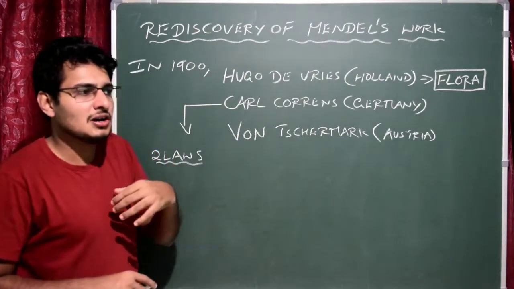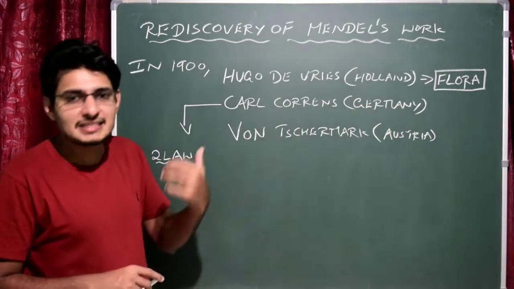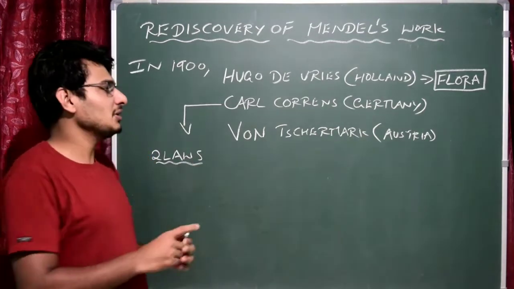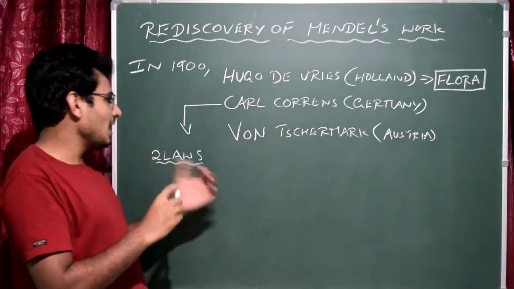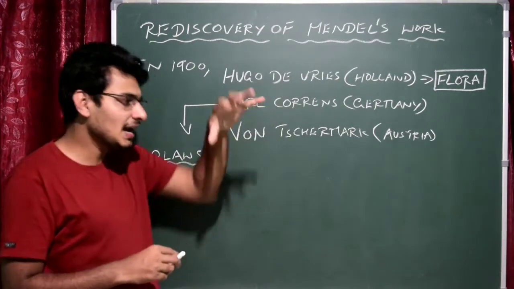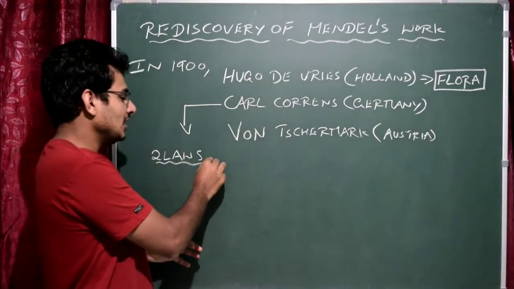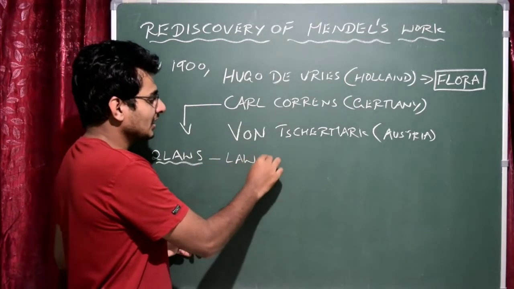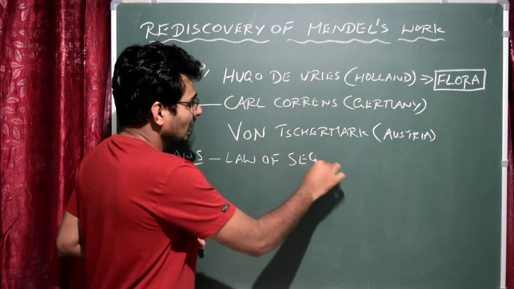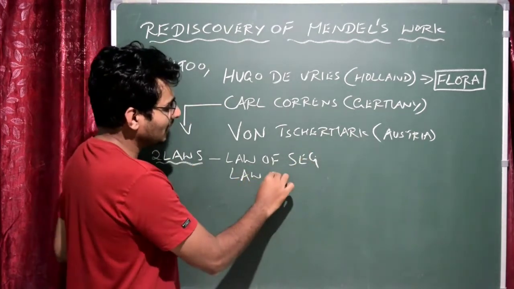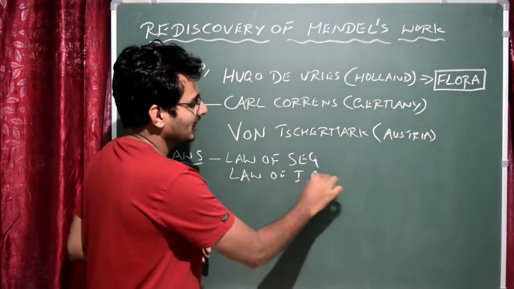We say Mendel's first law and second law, which were particularly corrected by Karl Correns. He modulated his generalizations into two laws, the law of segregation and the law of independent assortment.